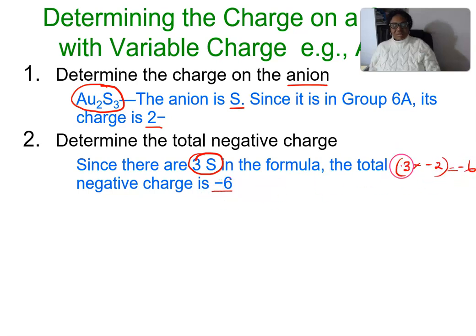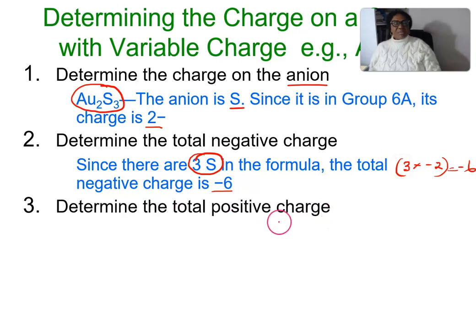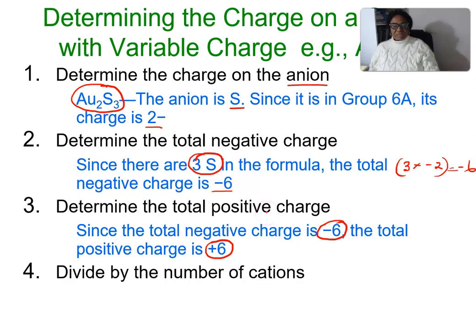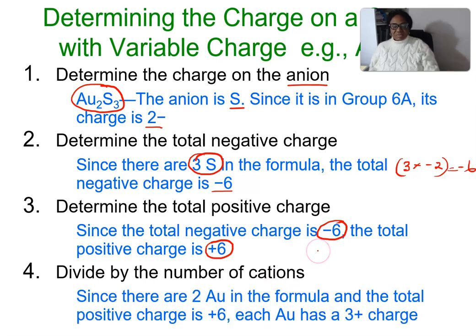That's why we have -6 here. Then determine the total positive charge. Since the total negative charge is -6 and the compound must be neutral, the positive charge is +6. Then divide the total positive charge by the number of cations. Since we have 2 gold atoms, 6 divided by 2 equals +3. So that's why the charge is +3.